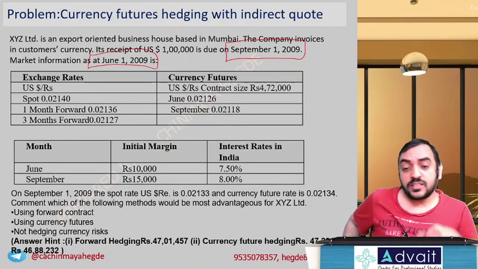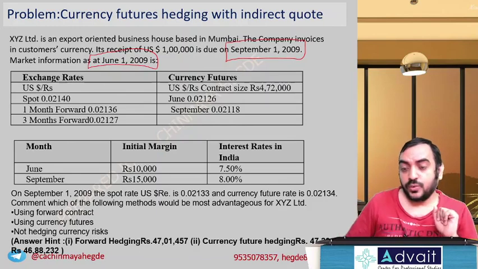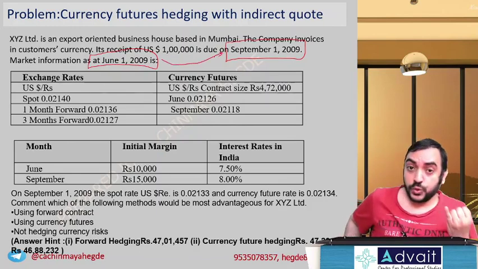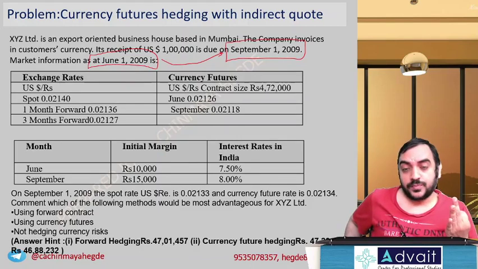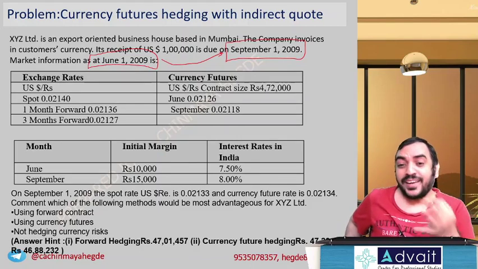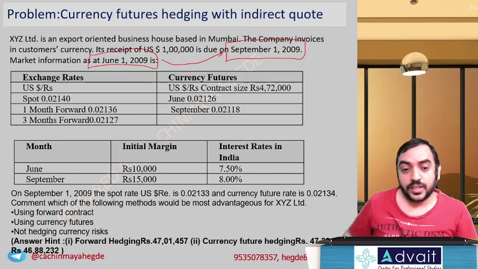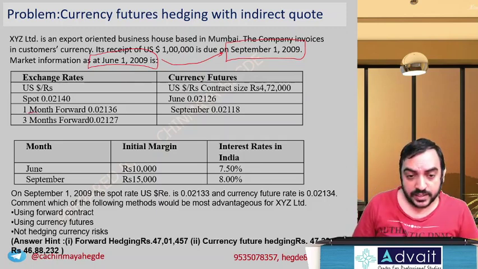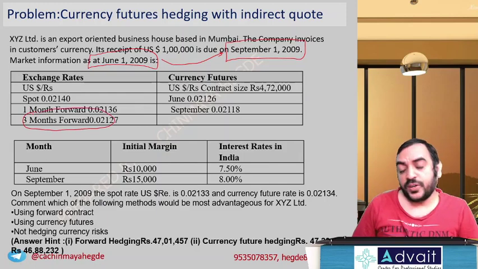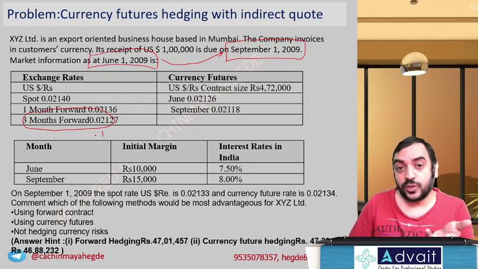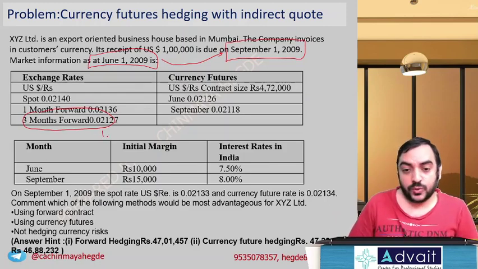So from June 1st to September 1st, what is the time period for which you have to enter into the contract? June full, July full, August full, September don't take it. 1 day and all, don't worry. 3 months. And for the 3 months forward contract, they have given 0.02127. And how do you understand 0.02127? It is not $1 equal to.